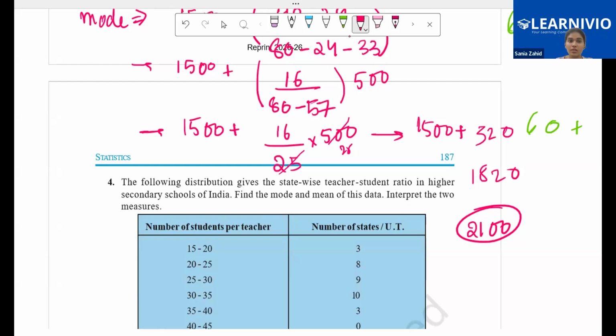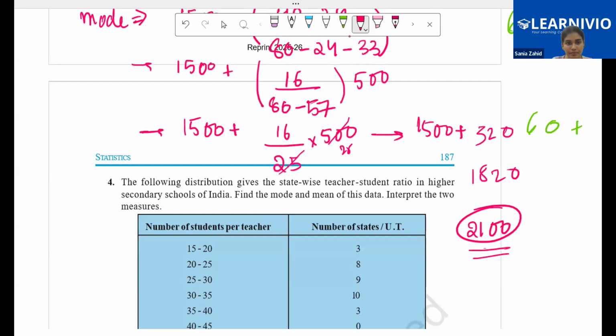You're getting 1,82 nearly. No, your answer is wrong. It can't go above 2,000. It will be approximately 1,800 only.